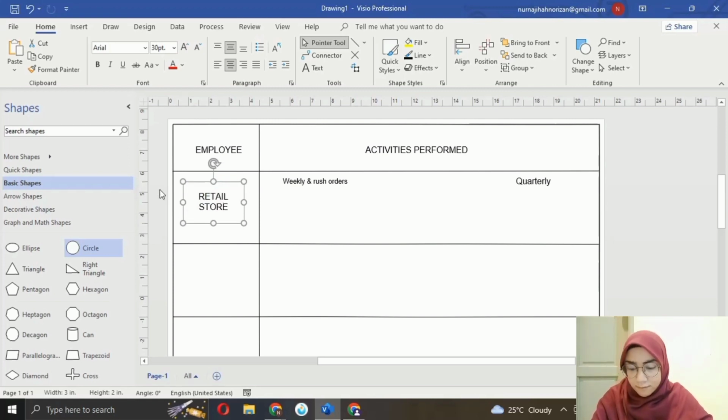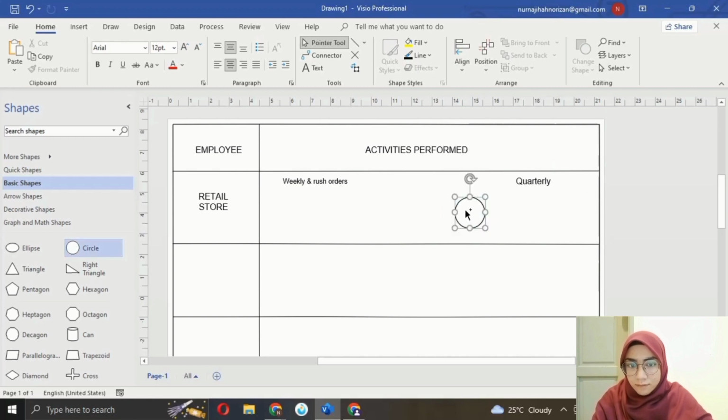To complete the process, we have to use symbols to show the process. Firstly, we use the small circle. This small circle is used to show the starting or the beginning of a process.